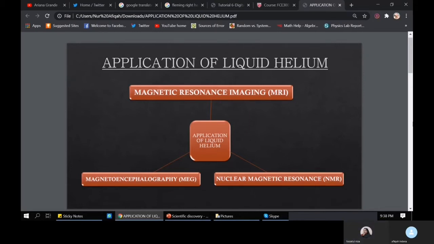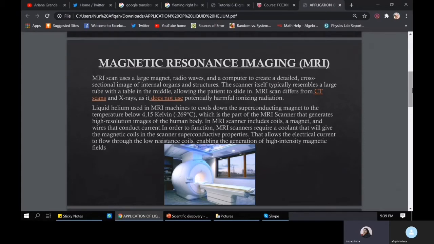First I will explain about magnetic resonance imaging, and what it does in our daily life. This MRI scans the patient's body by using a large magnet, radio waves, and a computer to create a detailed cross-sectional image of internal organs and structures.